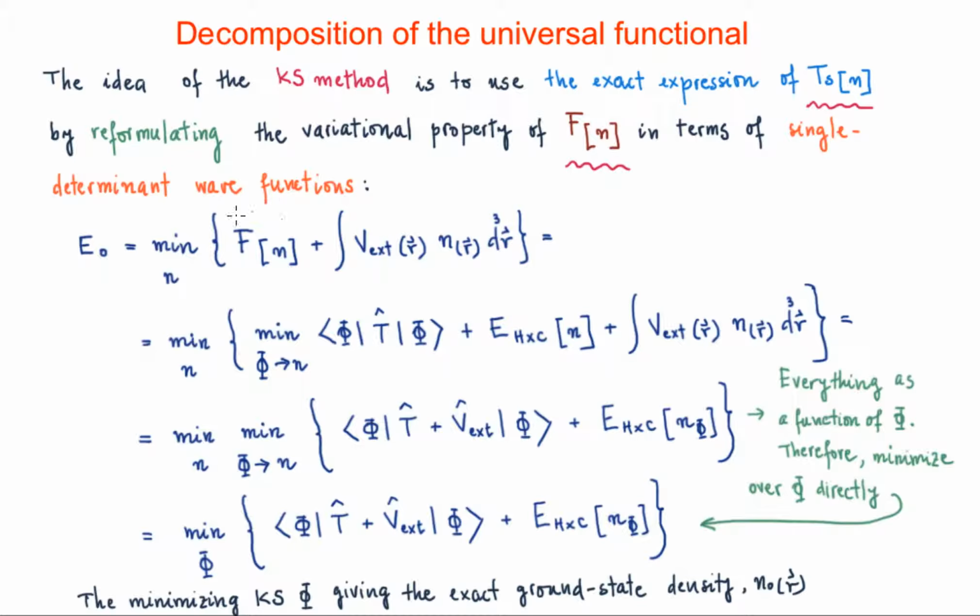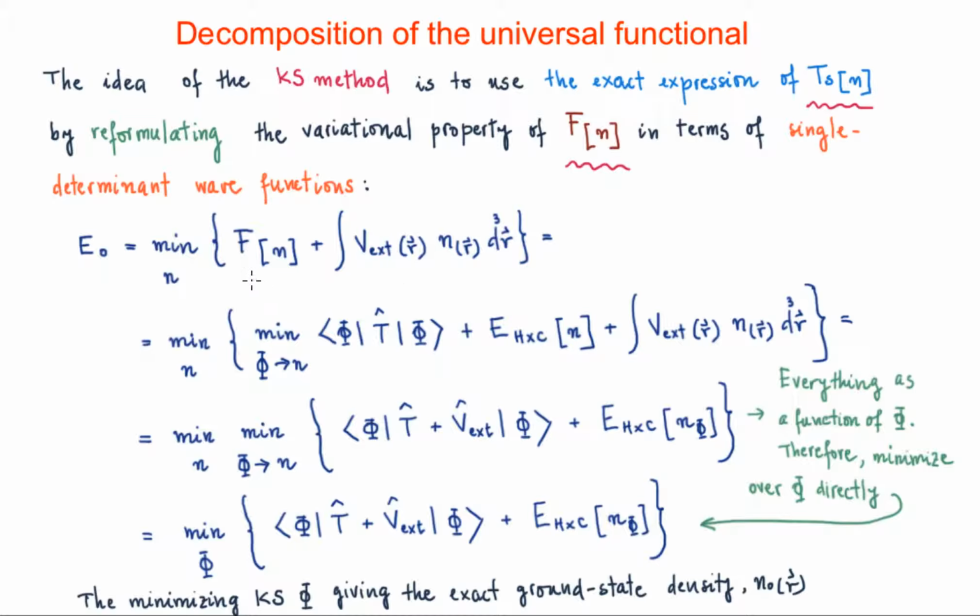First, this F, the universal functional of the electronic system, and then another term related to the external potential. Now in the second step, we include the decomposition we defined before, where in the Kohn-Sham method they split that universal functional into two different terms.